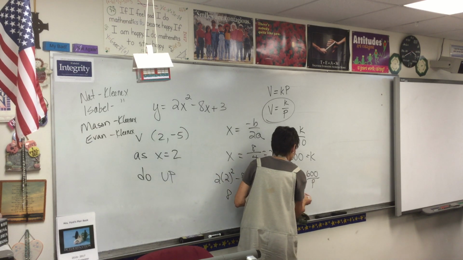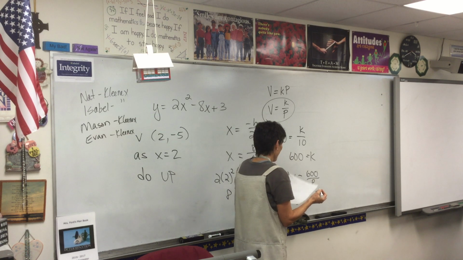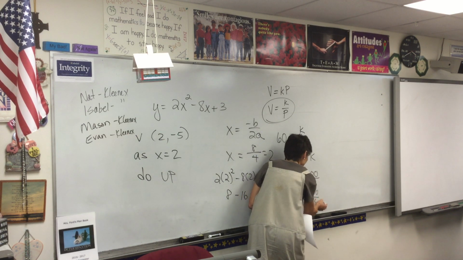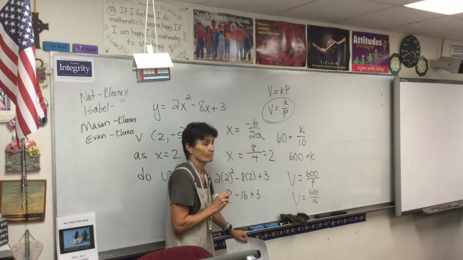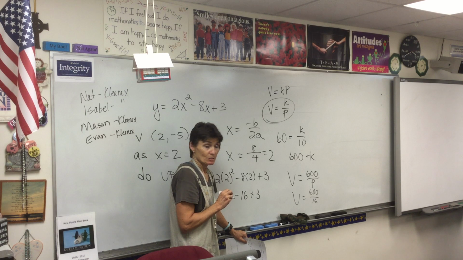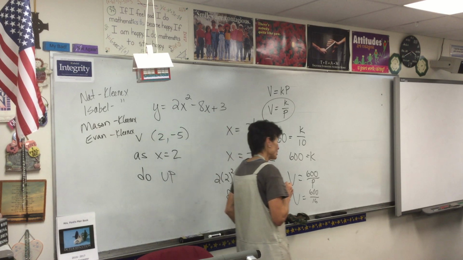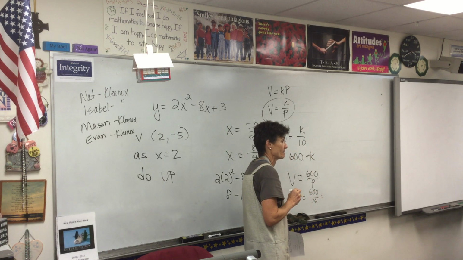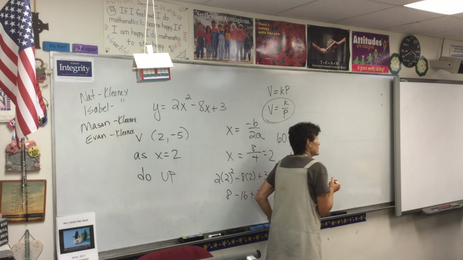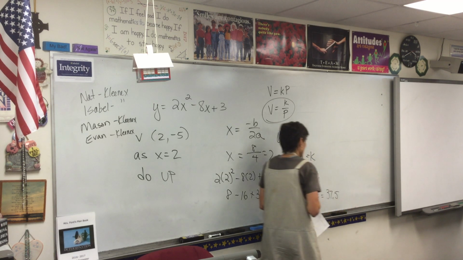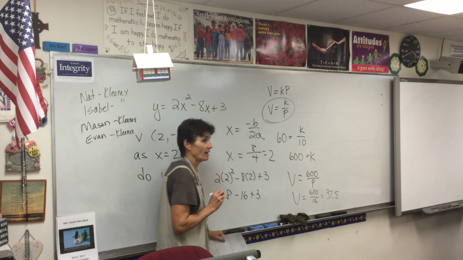Find the volume when the pressure is 600, or excuse me, 16. Then I can either reduce that fraction or type it in on my calculator. What is that decimal? 37.5. So the answer is 37.5.